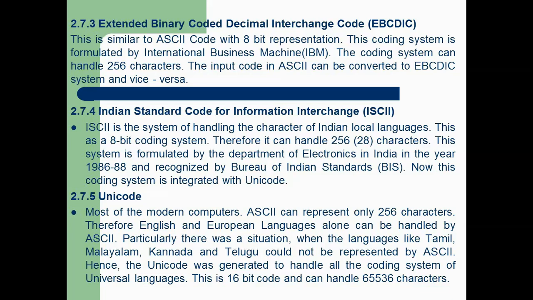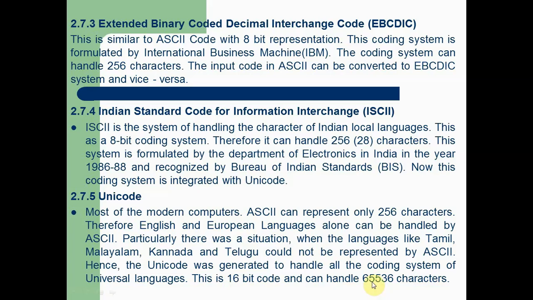Unicode is the next important coding system, where we can use all languages, including local languages like Tamil, Malayalam, Kannada, Telugu, and it also uses the ASCII coding system. This coding system uses a 16-bit coding system. So 2 power of 16 is equal to 65,536.